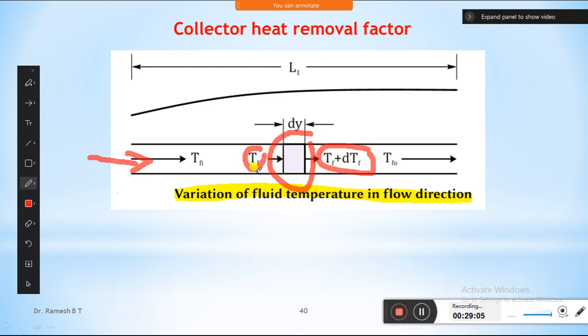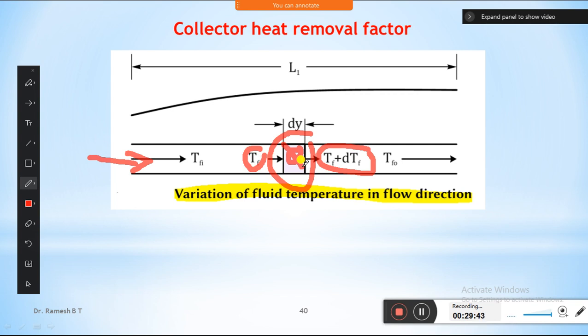The first law states that the rate of change of enthalpy of the fluid flowing through the control volume is equal to the rate of heat transfer to the fluid inside the control volume, meaning how much heat is transferred to the fluid.